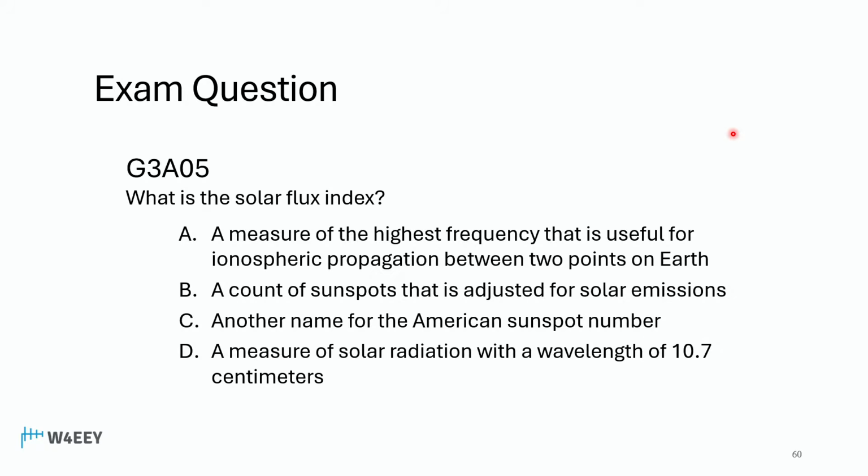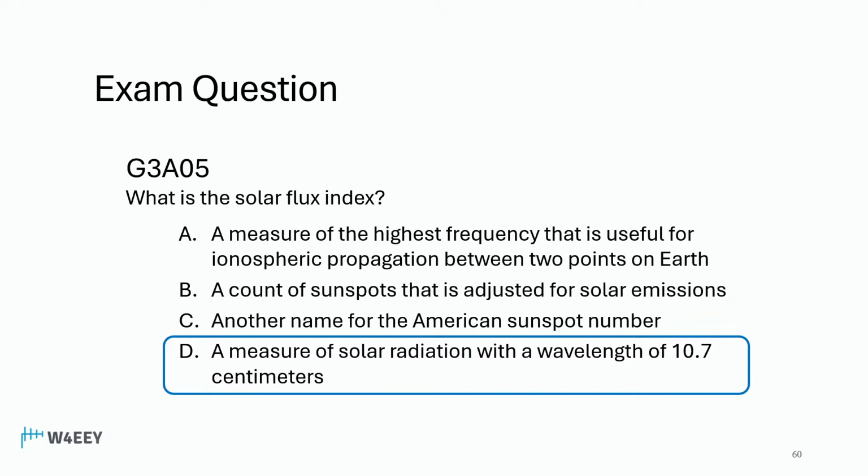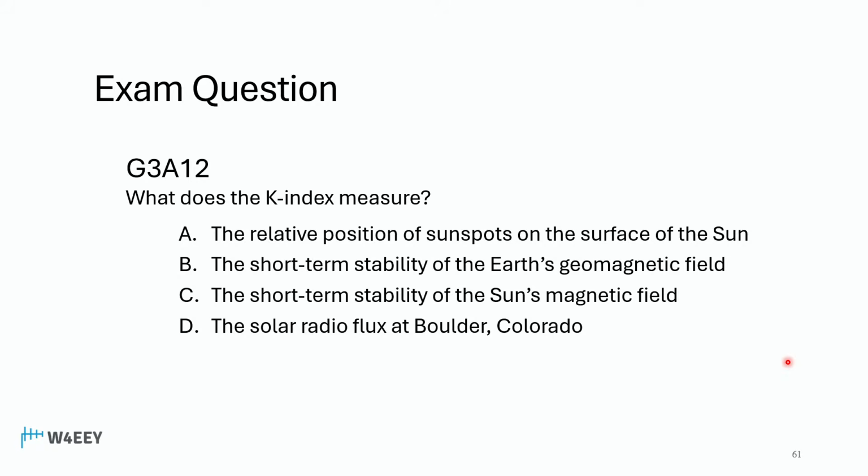What is the solar flux index? Delta, it is a measure of solar radiation with a wavelength of 10.7 centimeters, which happens to be 2800 megahertz. And if you can make that reading, you can correlate that to sunspots. What does the K index measure?